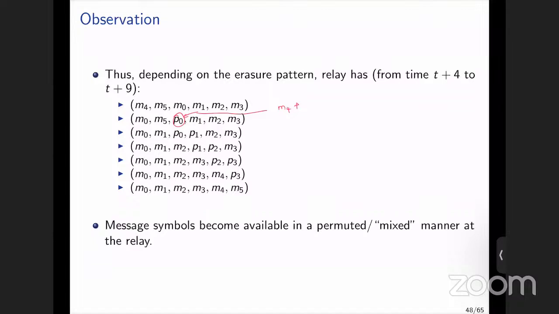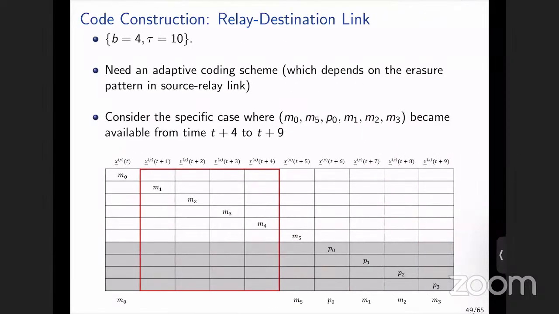There'll be permutation or mixing according to the erasure pattern seen, so our coding scheme also needs to change. We need an adaptive coding scheme which depends on the erasure pattern seen in the source to relay link.